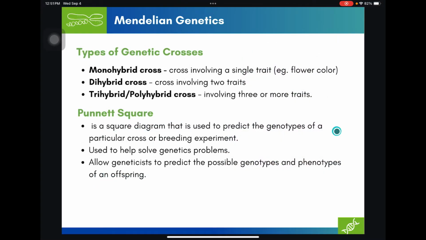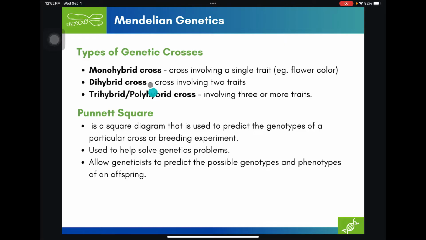So we've been talking about genetic crosses, and there are many different types of genetic crosses. We have monohybrid to polyhybrid crosses, and this varies depending on the number of traits that we will be crossing. Mono, we will be crossing only one single trait from both of the parents.